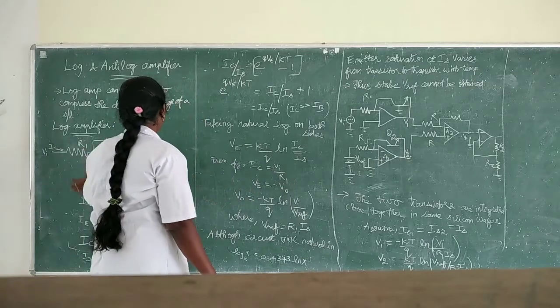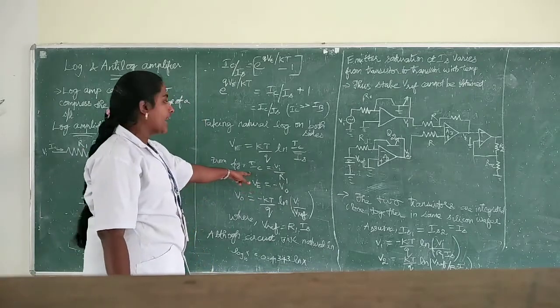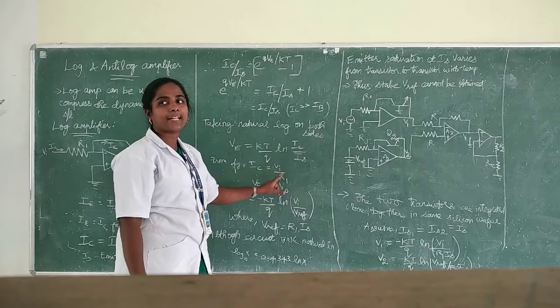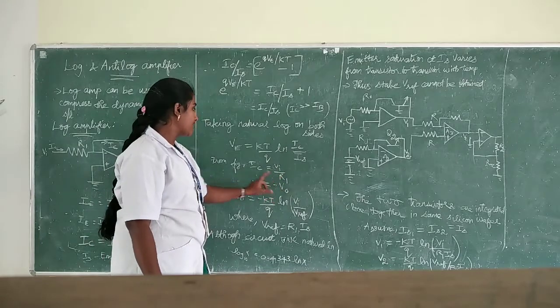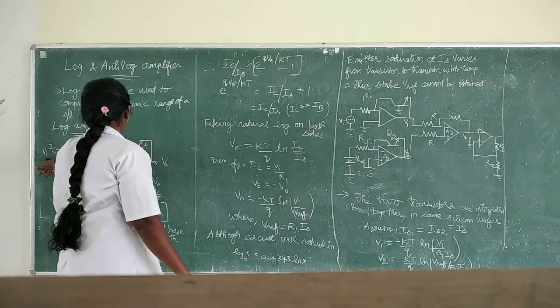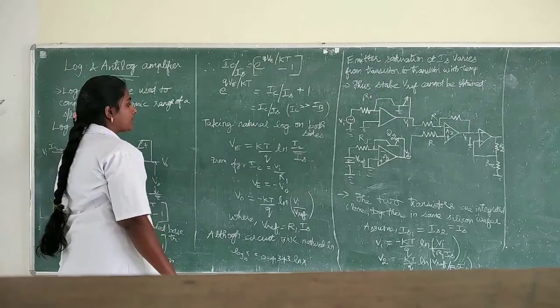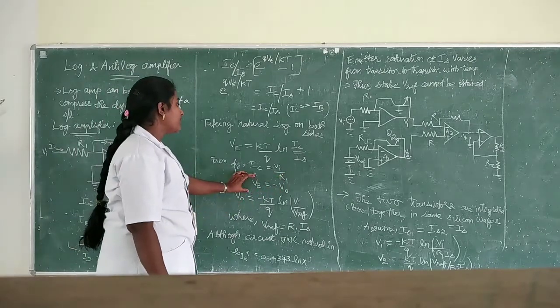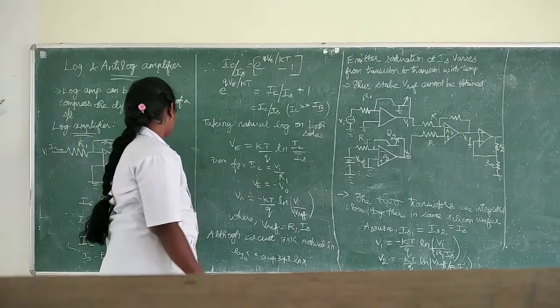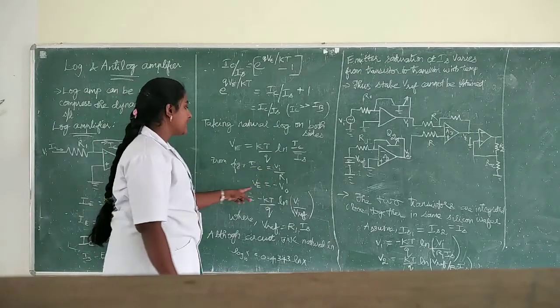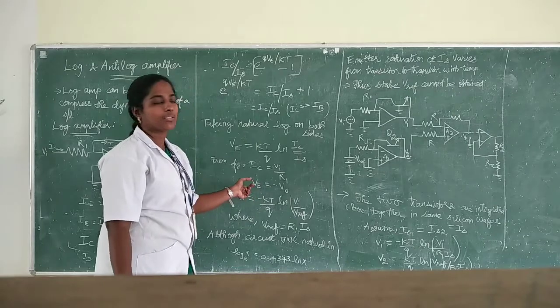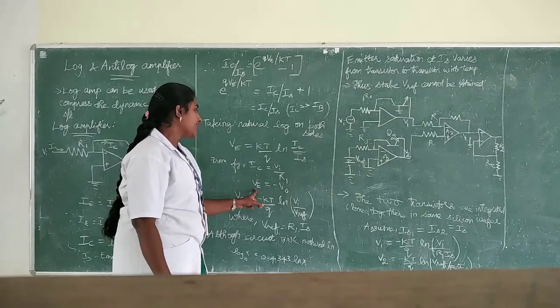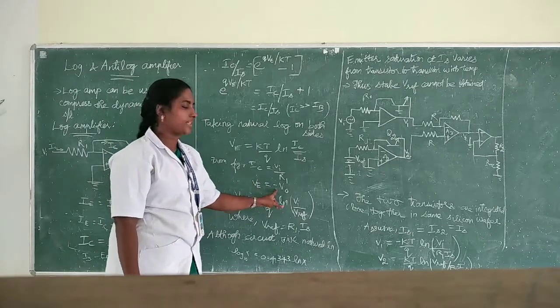From this diagram we know that IC equal to VI divided by R1, that is the I equals V by R formula. We know that VE, the emitter voltage, is equal to minus V0, the output voltage.